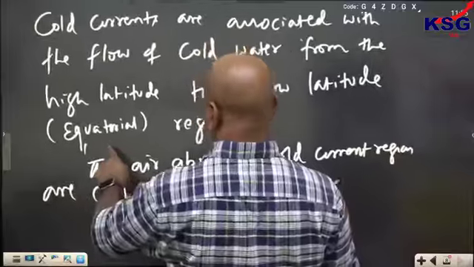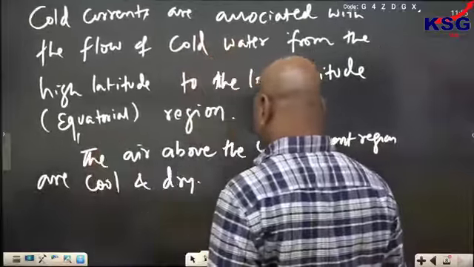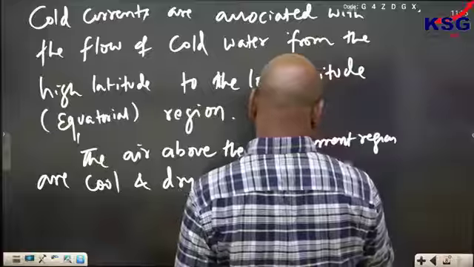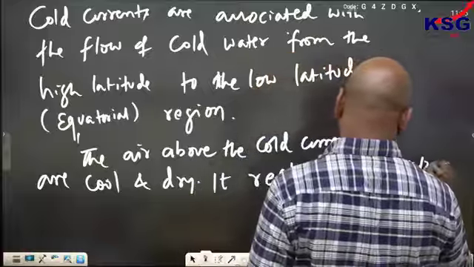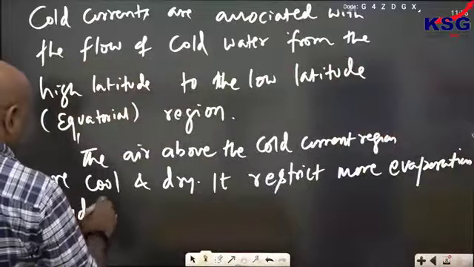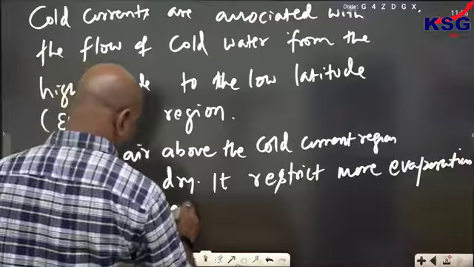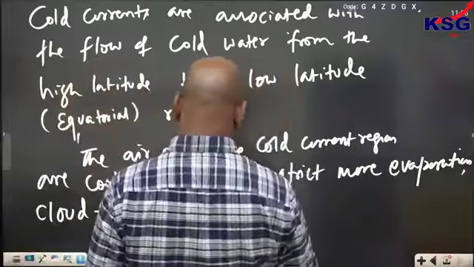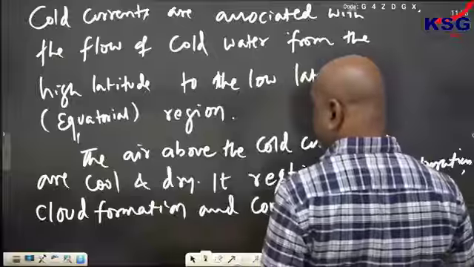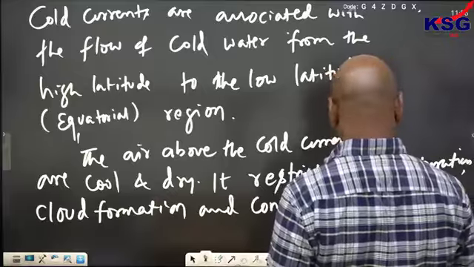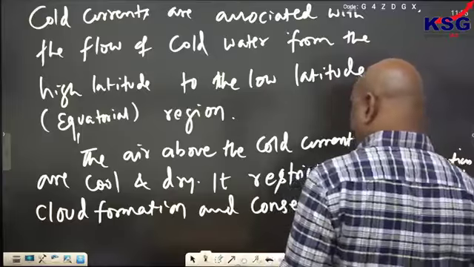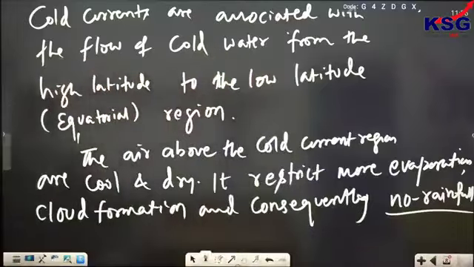If the air above these is cool and dry, it restricts more evaporation and cloud formation, and consequently no rainfall.